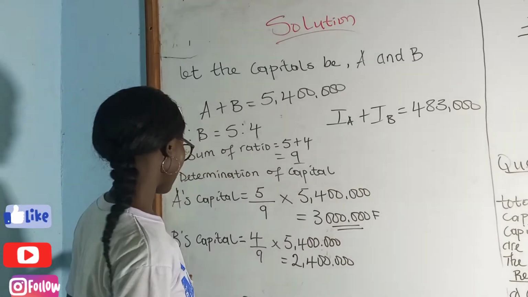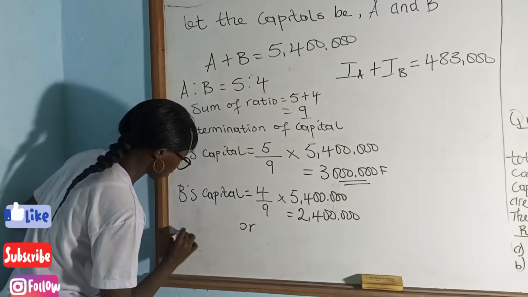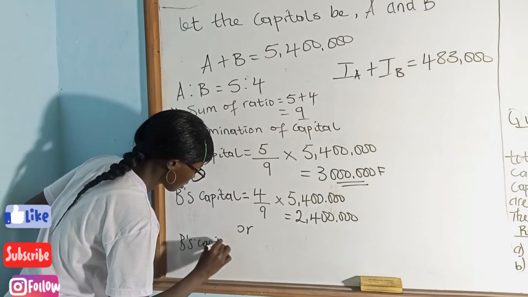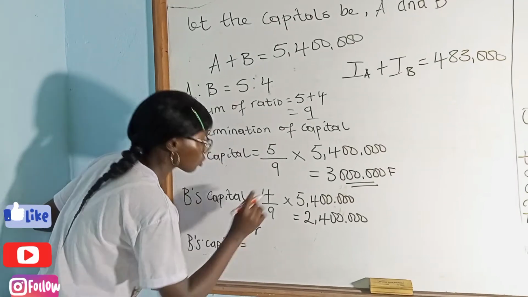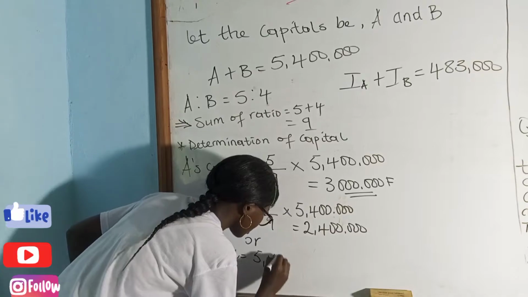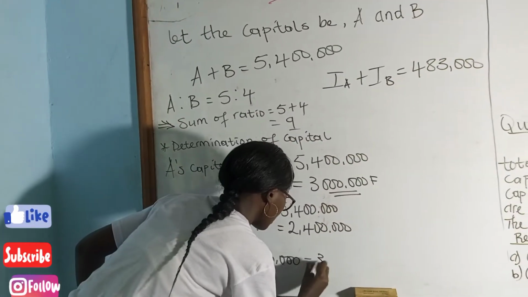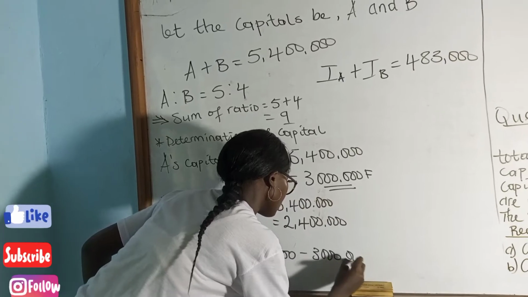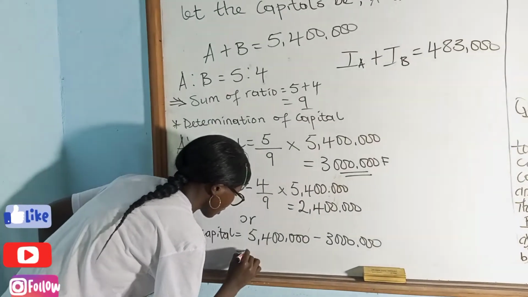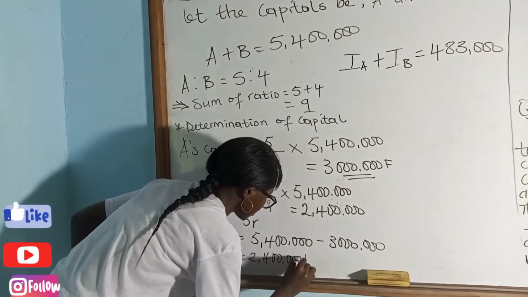Also, to calculate B's capital, you take the total sum, which is 5,400,000, minus A's capital, 3 million, which is equal to 2,400,000.